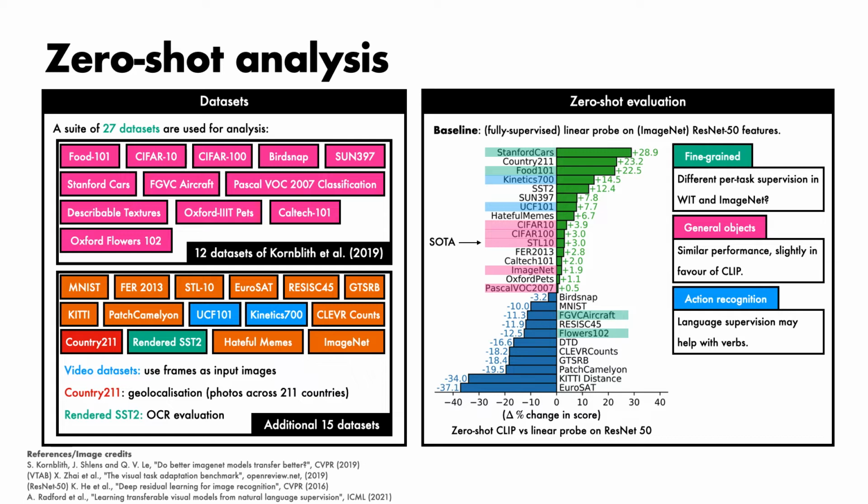Finally, turning to datasets containing complex or abstract tasks like satellite image classification, lymph node tumor detection, object counting, German traffic sign recognition, and recognizing the distance to the nearest car, CLIP significantly underperforms the baseline. A takeaway here is that there is room for improvement to match non-expert humans on complex tasks.